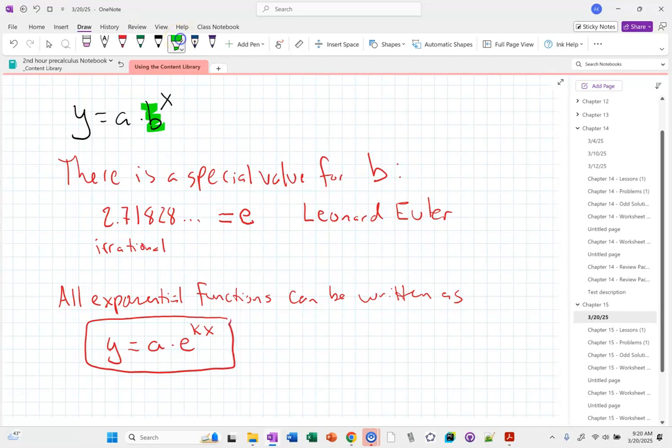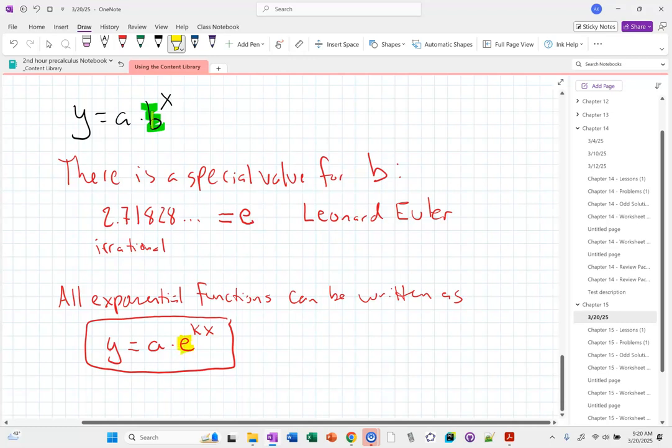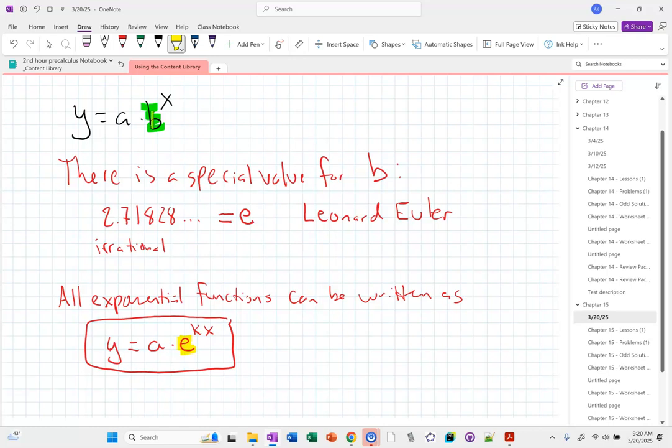The reason that's really nice is that if all these exponential functions have a constant base, we can write them all with the same base, which makes it much easier to compare them. So that's the point of this value E: it's like a skeleton key that allows us to rewrite any exponential function so they all have the same base, which makes comparison between them much simpler. Does that feel okay? Contextually, why we care about this number?